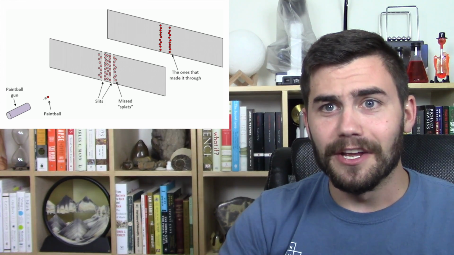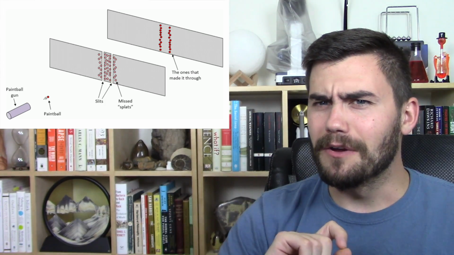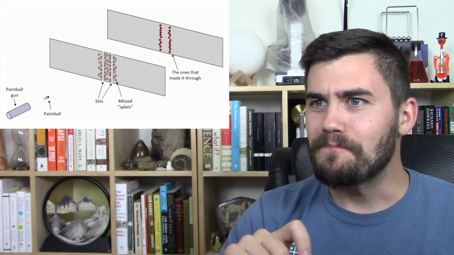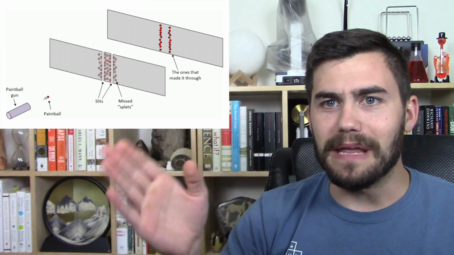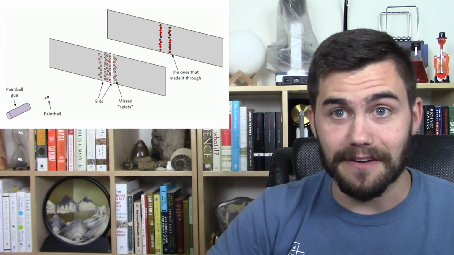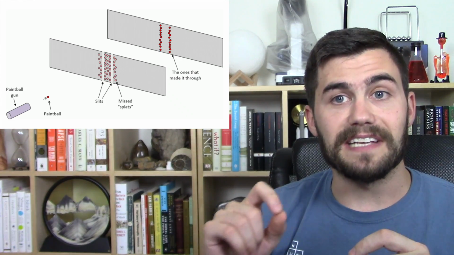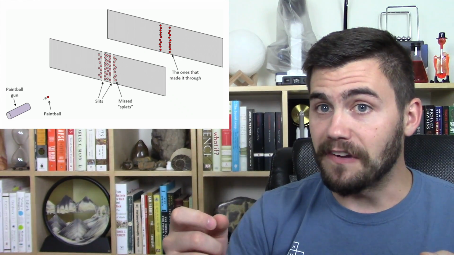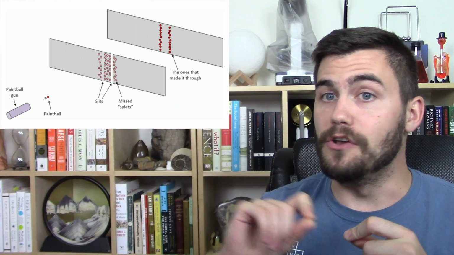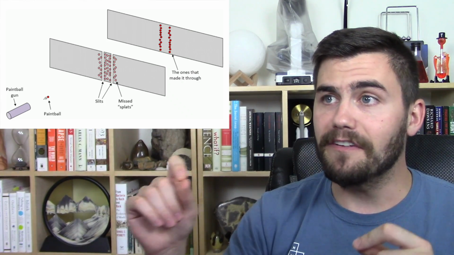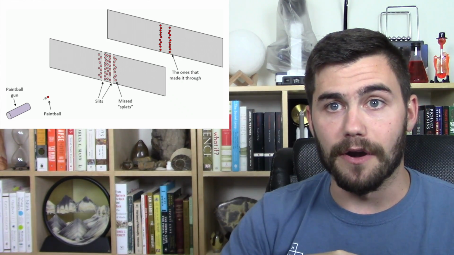All of a sudden, when you try to see where did the electron go, it ends up behaving exactly like matter. So the very act of looking, trying to detect the electron, interferes with it, and the electron no longer behaves like a wave, it behaves exactly like a particle.